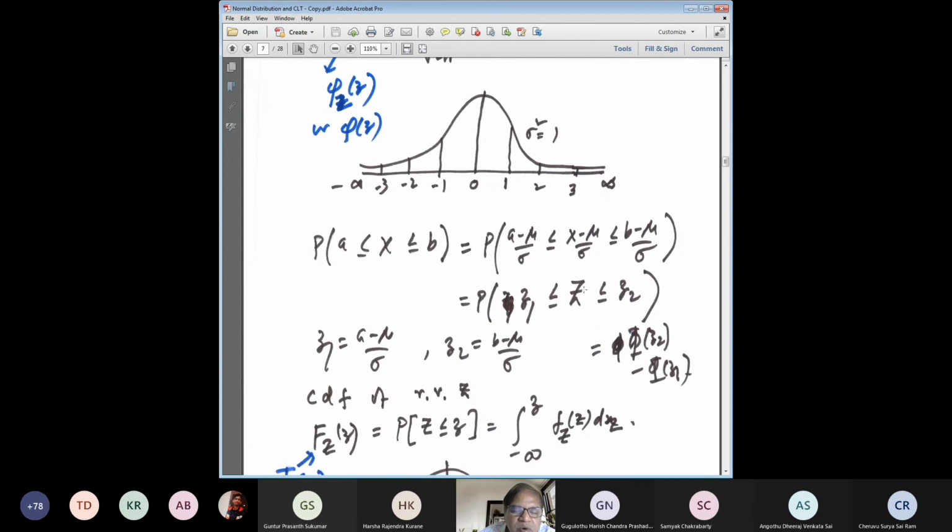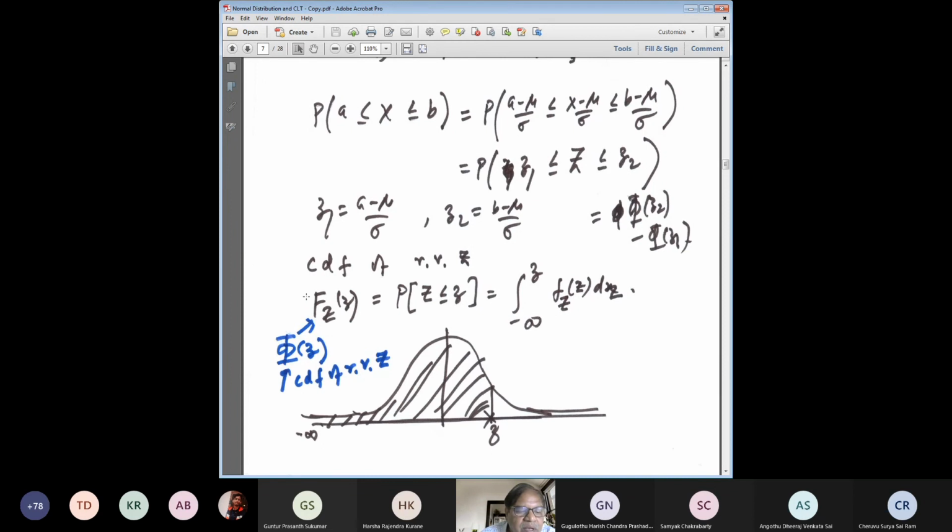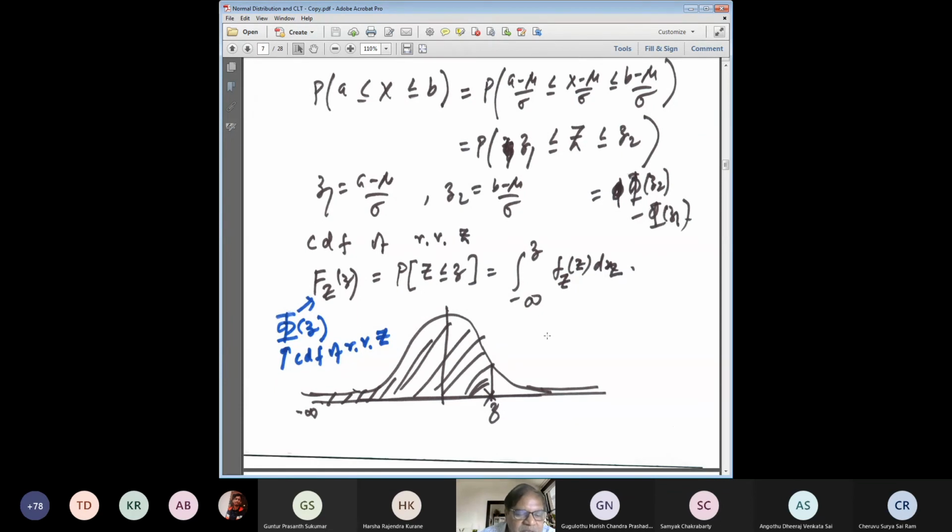Using the usual property of the CDF, we can write phi z2 minus phi z1. As I indicated earlier, capital phi z is used to represent the CDF of the normal distribution, and it represents the area from minus infinity to any point z on this side or this side. So tables have been generated in the form of the CDF.